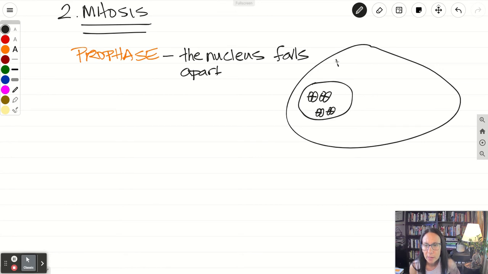So let's say that one centrosome is here and another centrosome is here. They're going to start to move away from each other because they want to get to the opposite sides of the cell. So the nucleus falls apart, centrosomes move apart from each other.